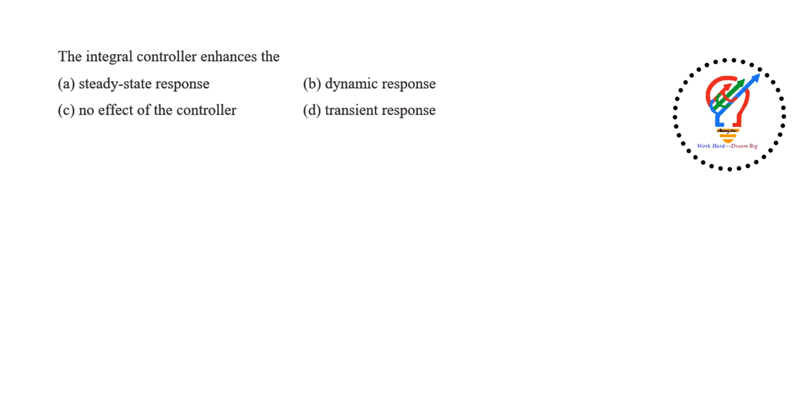This is a question asked on controllers. The integral controller enhances the steady state response, dynamic response, no effect of the controller, or transient response. The integral controller is going to decrease the steady state error, ESS, which is a very important concept.